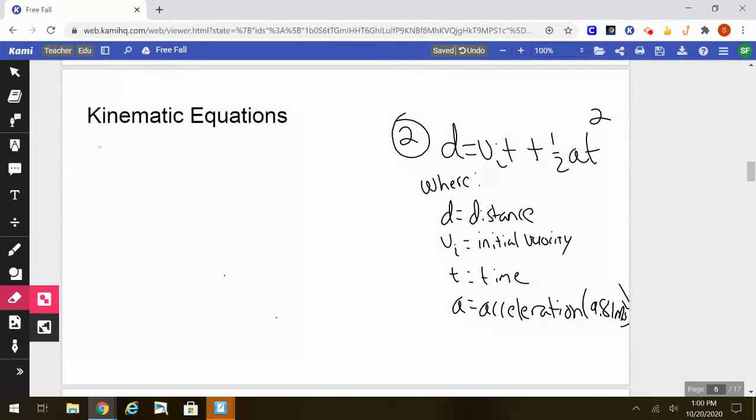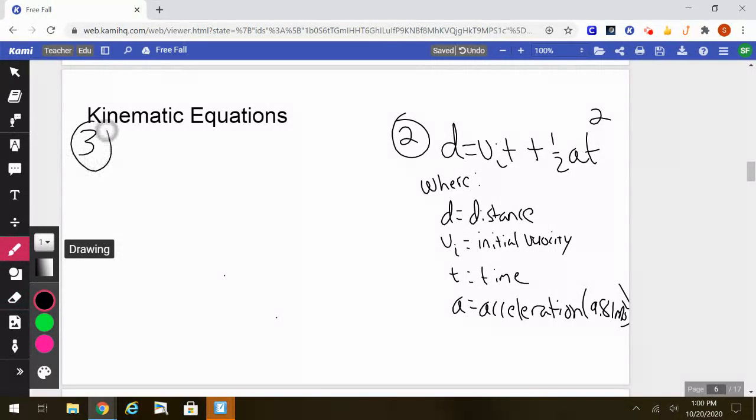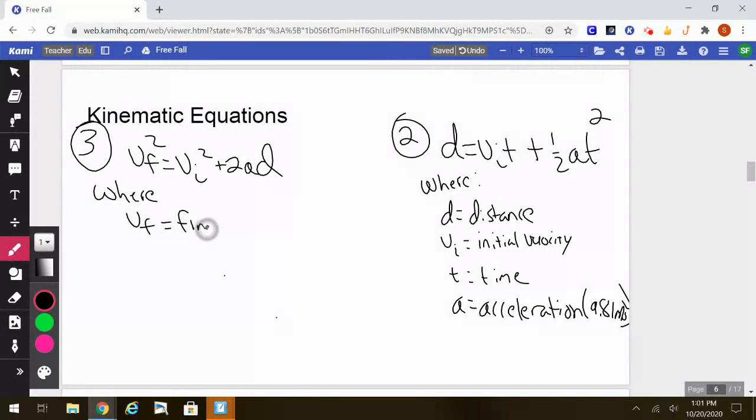Our last one we're going to have. So number 3 is going to be VF squared is equal to VI squared plus 2AD. Well, again, this is where VF is your final velocity. This part should just be a review.